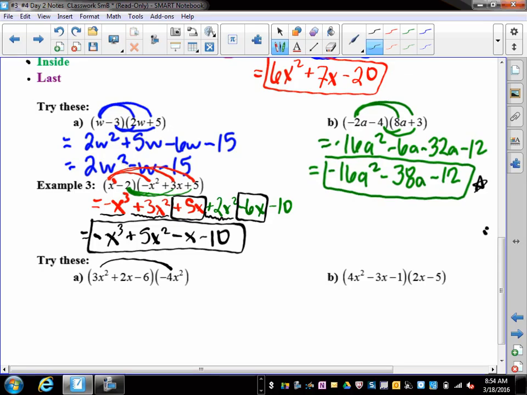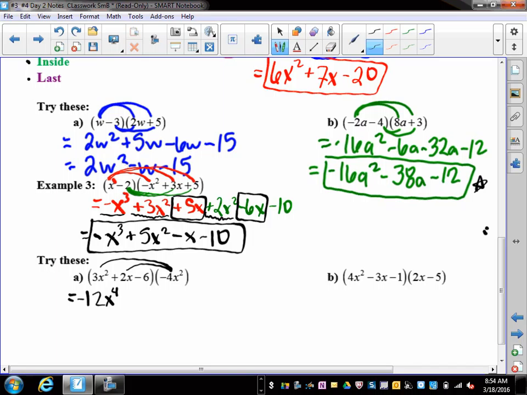Negative 4x squared times 3x squared. Negative 4 times positive 3. Good, negative 12. What's x squared times x squared? X to the 4th. And we should all be writing this down. Right, Kevin? Alright, negative 4x times 2x.